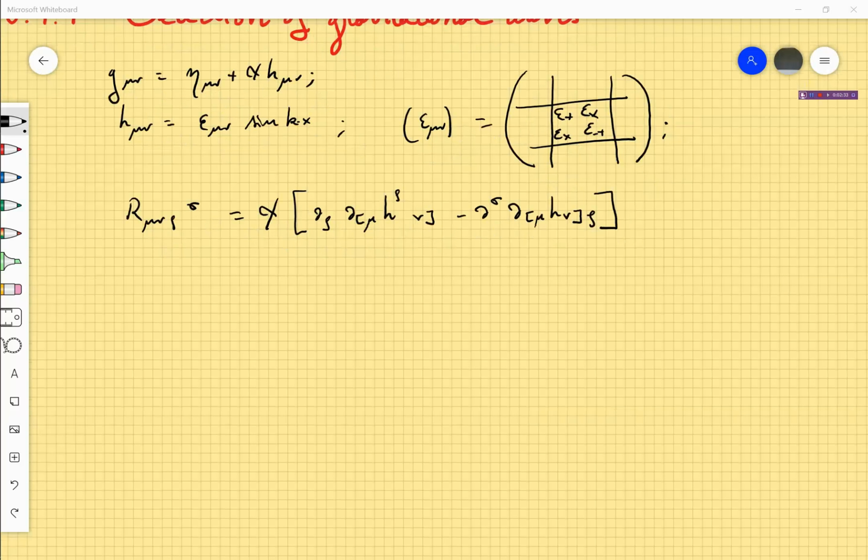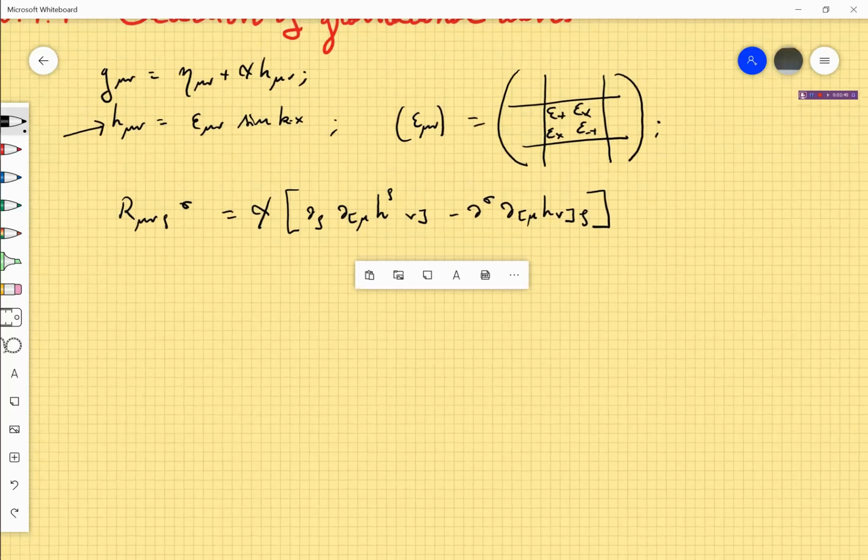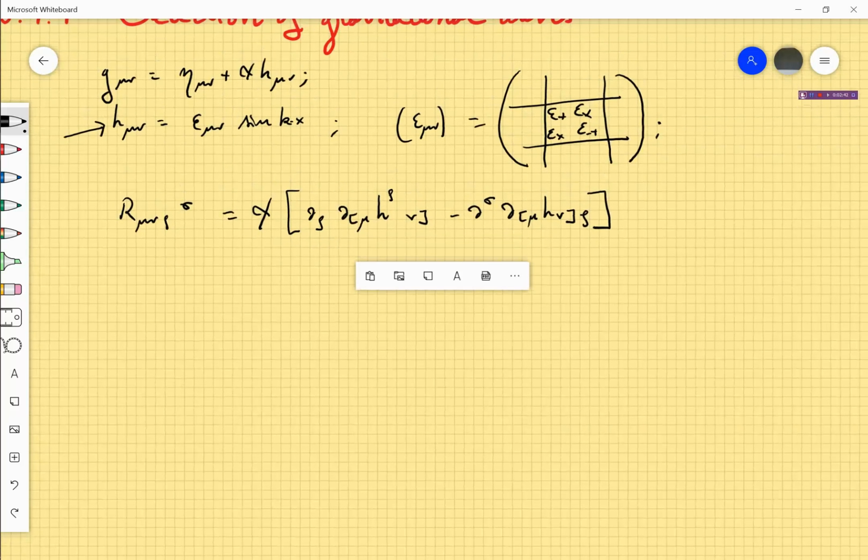Now you just have to plug the solution into this formula and take the corresponding derivatives to find the Riemann tensor.